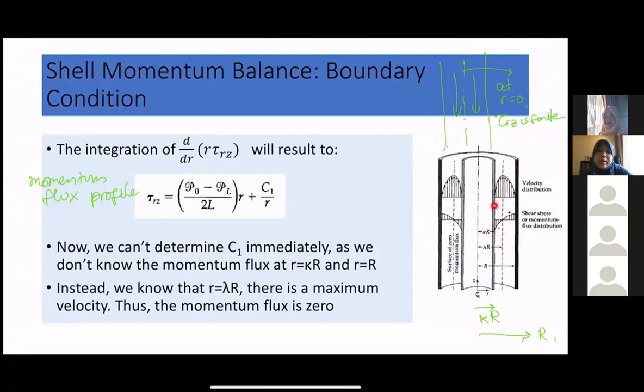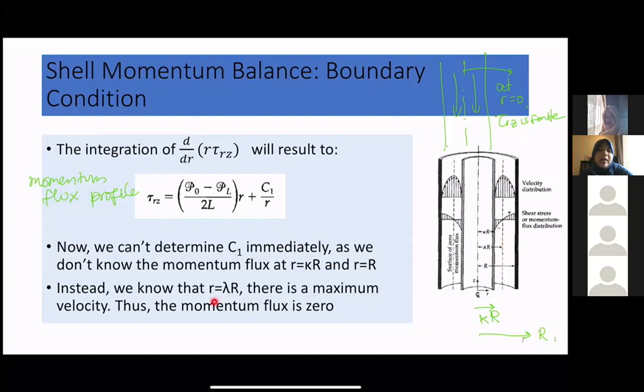Because the velocity is zero at the wall, but somewhere here should be a maximum velocity. If the velocity is maximum, the momentum flux would be equal to 0. So somewhere here the momentum flux is equal to 0.